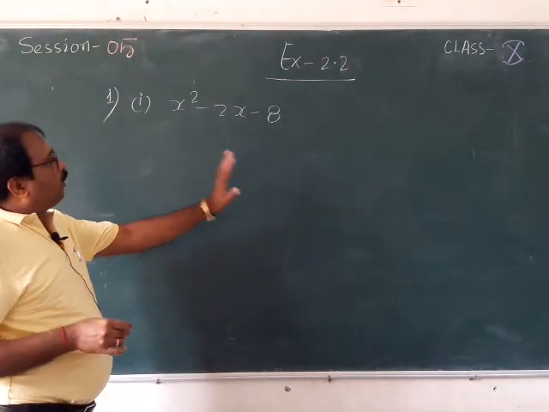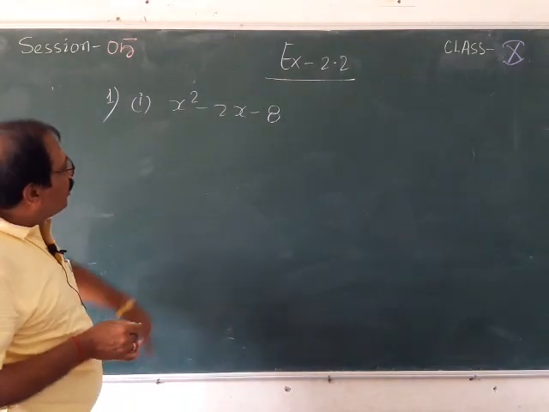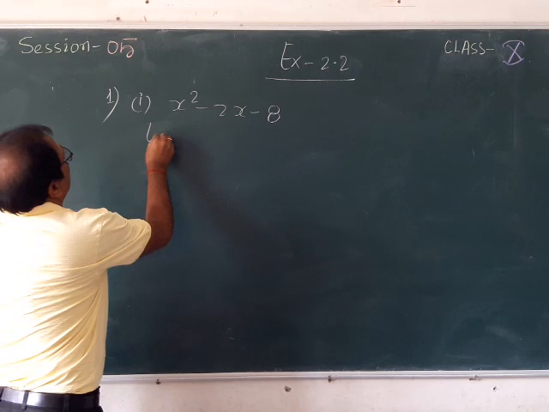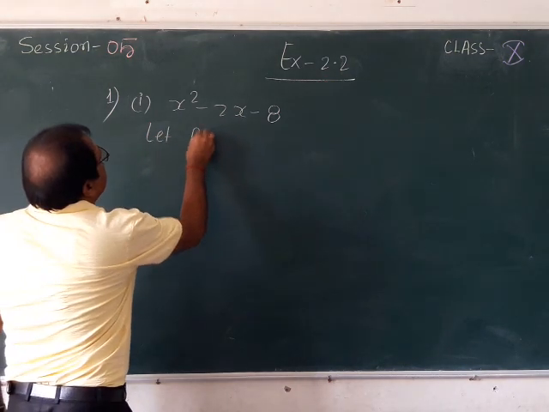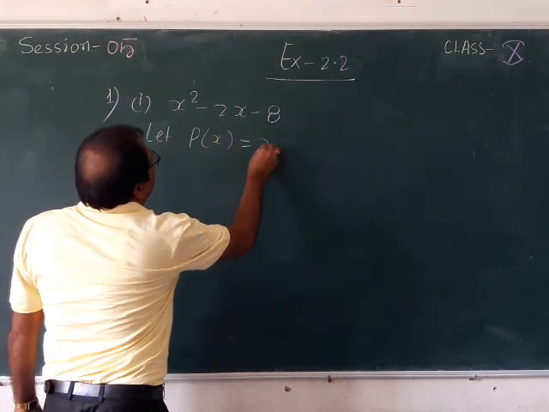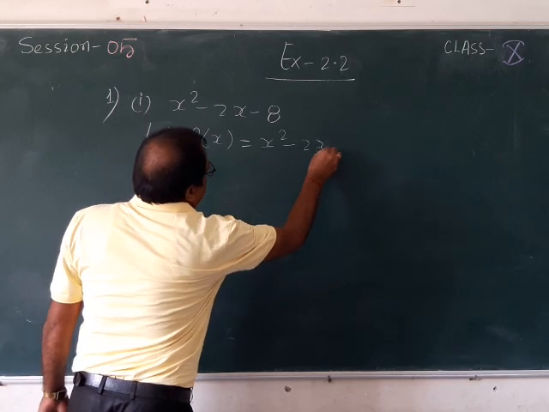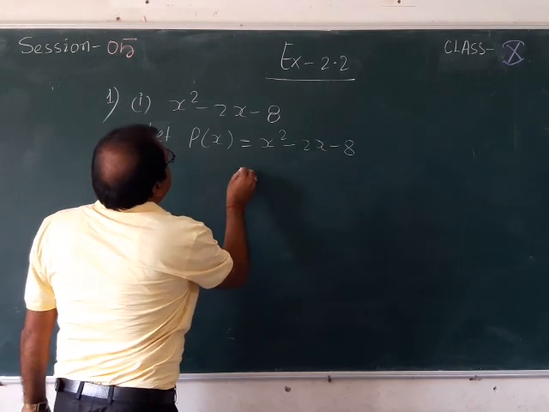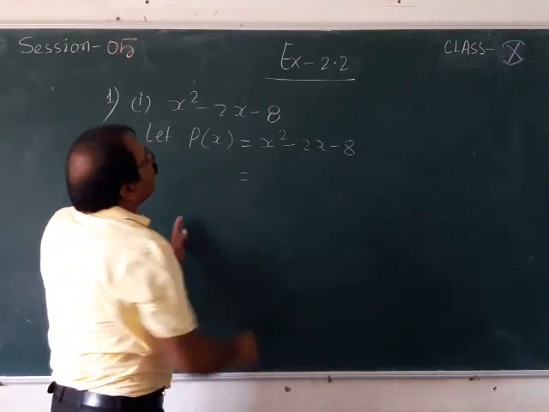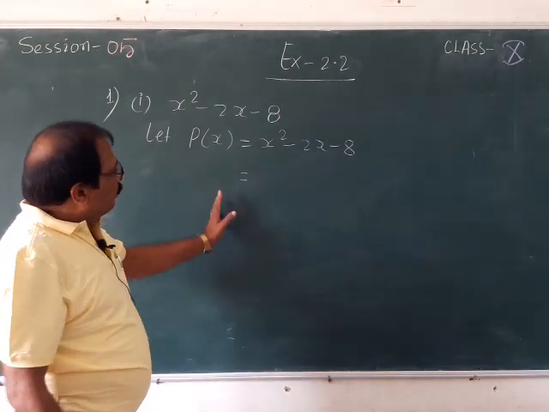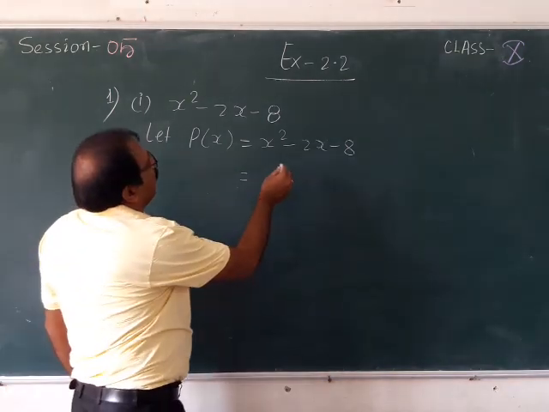So, you need to find the zeros of this quadratic polynomial. First, we will write: let p(x) equal to x square minus 2x minus 8, and then you have to factorize it. How?